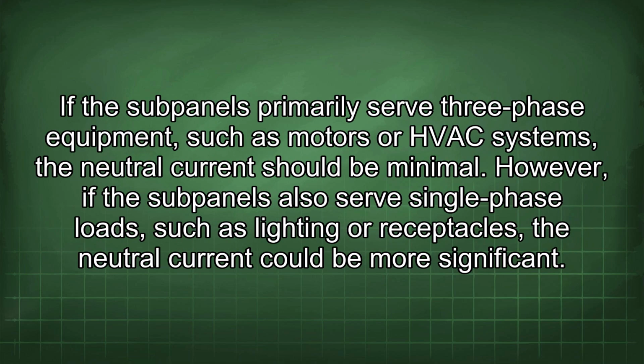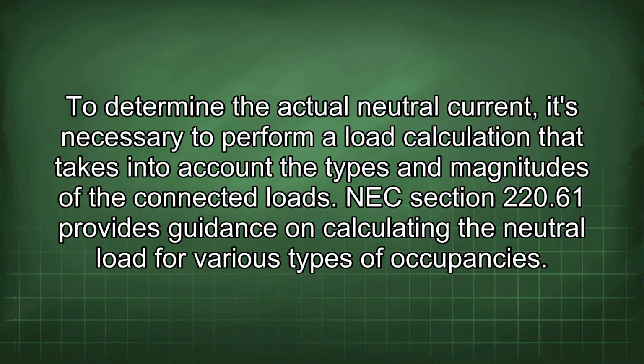If the subpanels primarily serve three-phase equipment, such as motors or HVAC systems, the neutral current should be minimal. However, if the subpanels also serve single-phase loads, such as lighting or receptacles, the neutral current could be more significant. To determine the actual neutral current, it's necessary to perform a load calculation that takes into account the types and magnitudes of the connected loads.